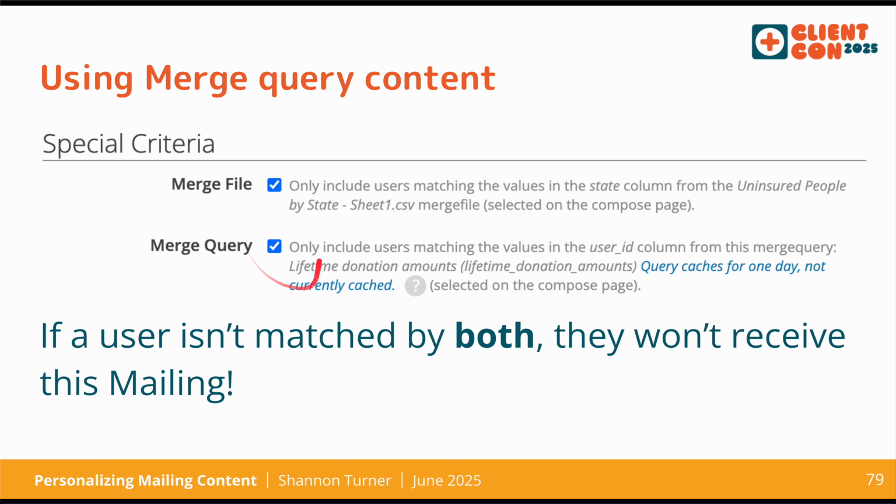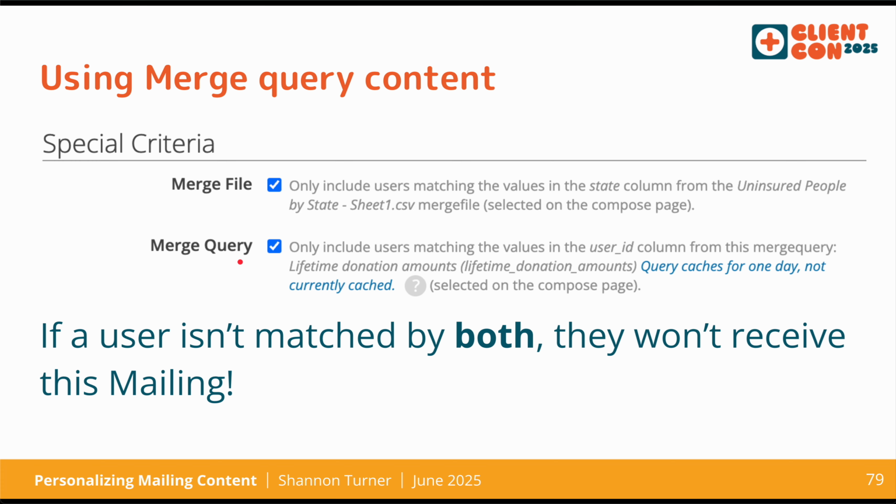And here in this case, if a user isn't matched by both, they won't receive the mailing. So it probably isn't too common to have both a merge file and a merge query in your mailing, but I did want to show it just as an example.